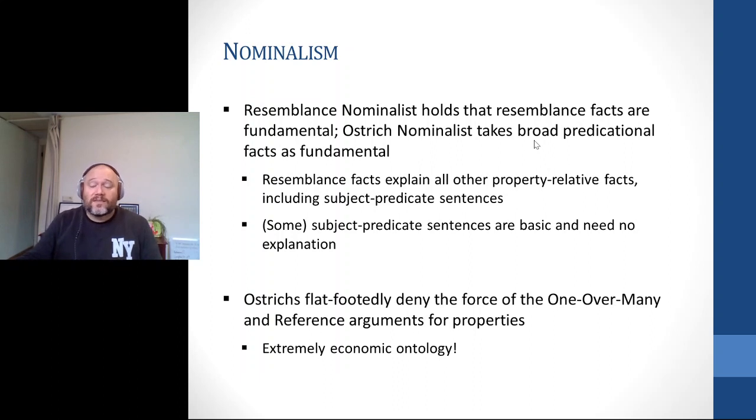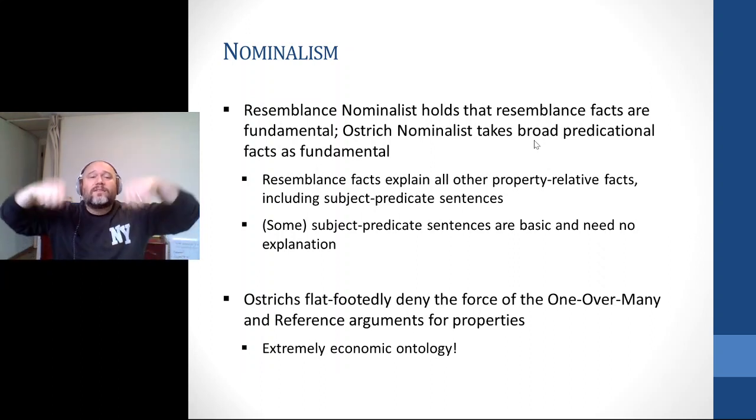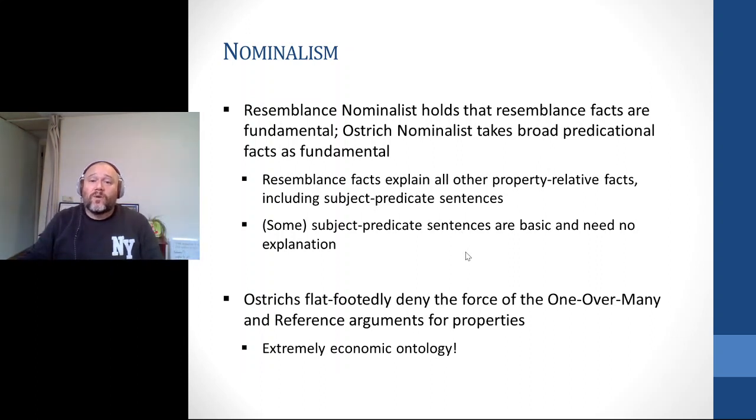So we take things like x is F, x is G, right? The mug is red. Right? Take that as fundamental, as just, we don't need an explanation for it, that's the bedrock that we start with. And then we're going to use that to explain anything else we want. And even if we don't use it to explain it, we'll dismiss the need for anything like an explanation required here.